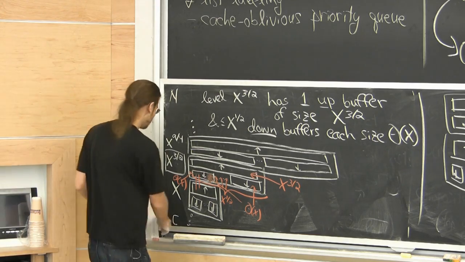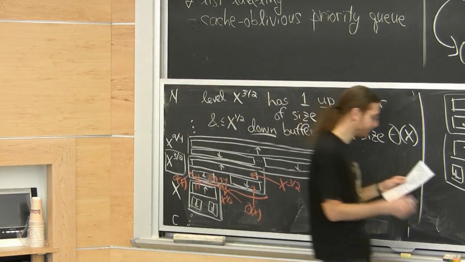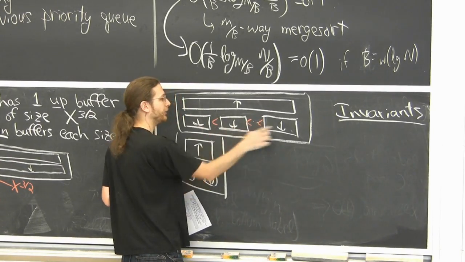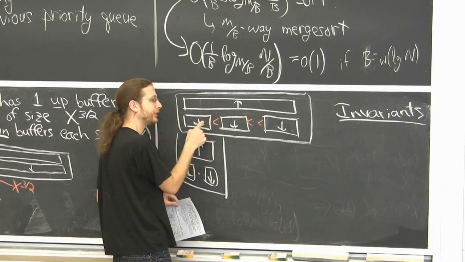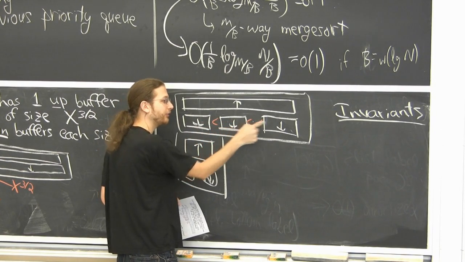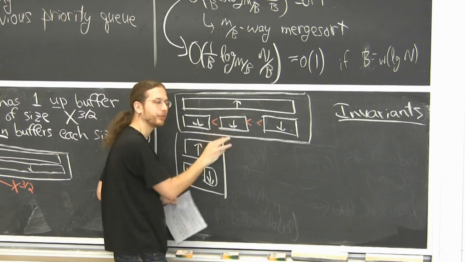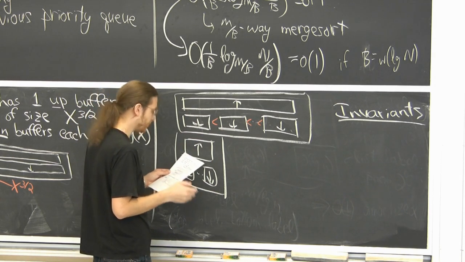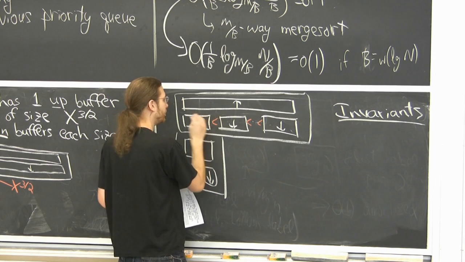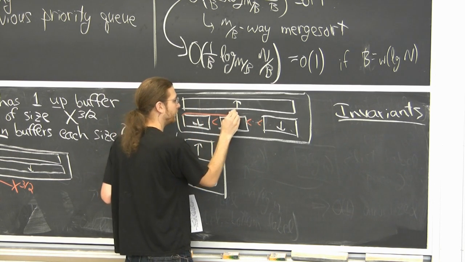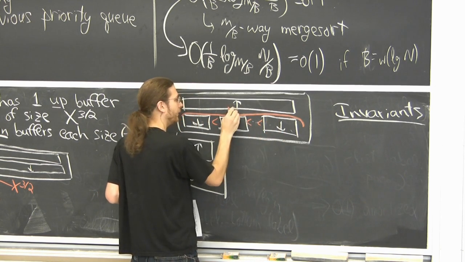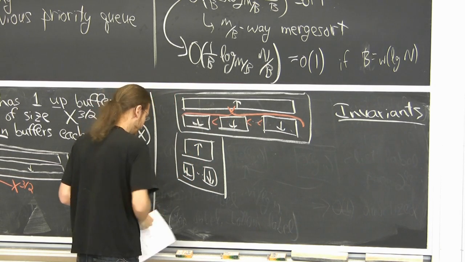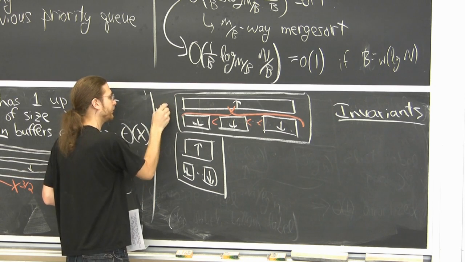So let me tell you the invariants that will make this work. If you look at the down buffers, they are sorted. Or I should say all the items in here are less than all the items in here, and so on. But within each down buffer, it's disordered. Then we also know, all the items in the up buffer in a given level, this is x to the 3/2, let's say.